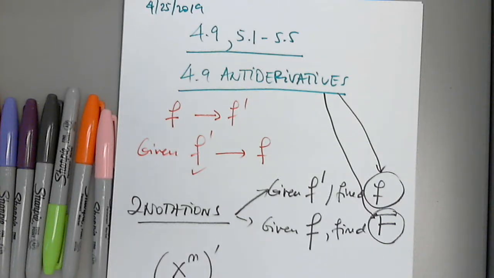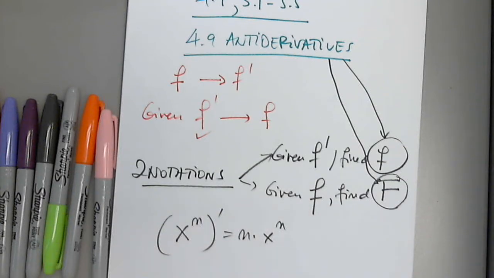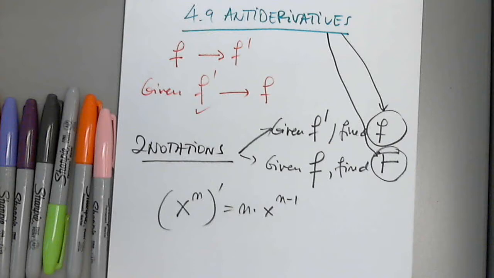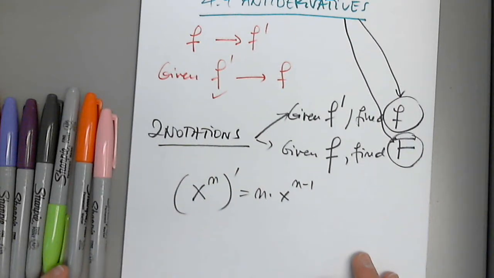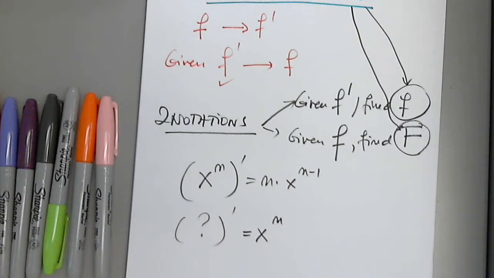So when we differentiate x to the nth power, we know that this is n times x to the n minus 1, of course. Okay, so now how do I find x to the n? What function prime is x to the n? So if I have x to the fourth, then I will have 4x to the third. But if I have x to the fourth, what do I differentiate to get x to the fourth?